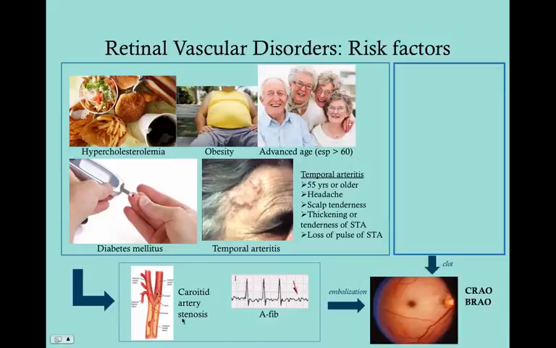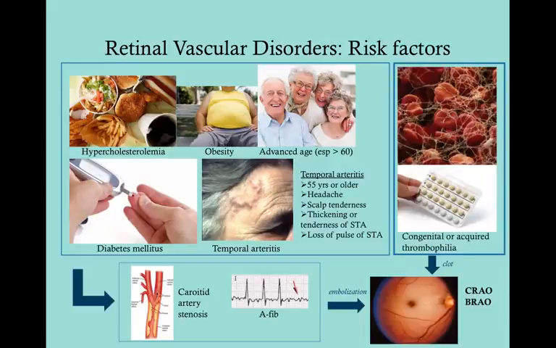Both of those things, you can develop a clot or release a plaque. And that can be the embolus that's needed that can go into the retinal artery. And so this is how central retinal artery occlusion, and if it's a smaller plaque or a smaller clot, that's how a branch retinal artery occlusion can happen.